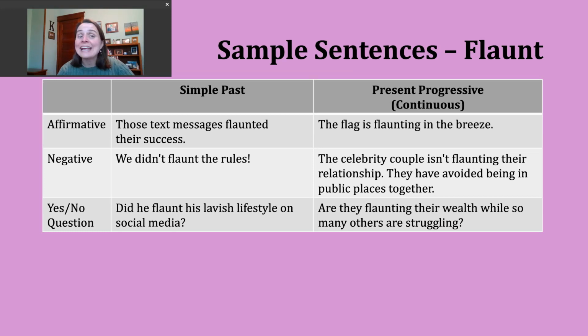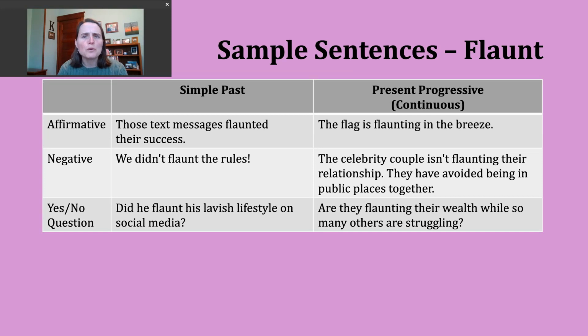Now, if you want to make a negative simple past tense sentence, we start with a subject, we use did not, and then the base verb. So notice in the negative, I'm not using the ed form. Okay? An example of a negative sentence might be, we didn't flaunt the rules.